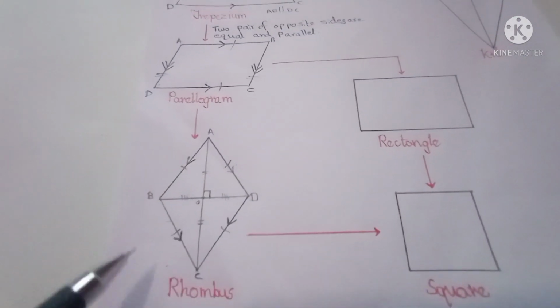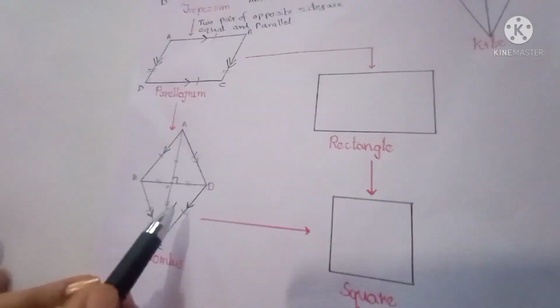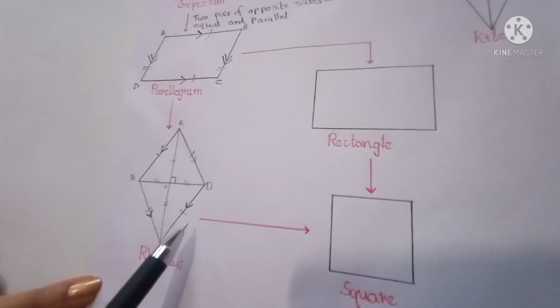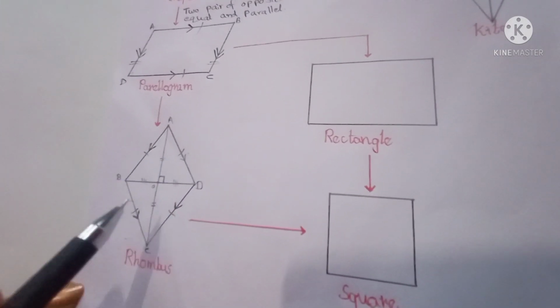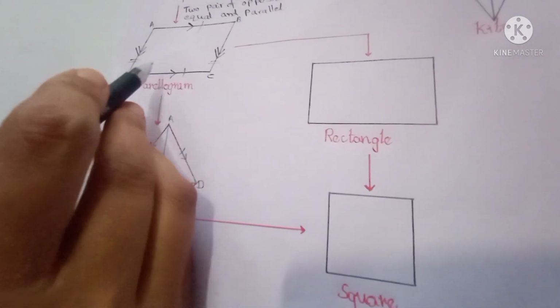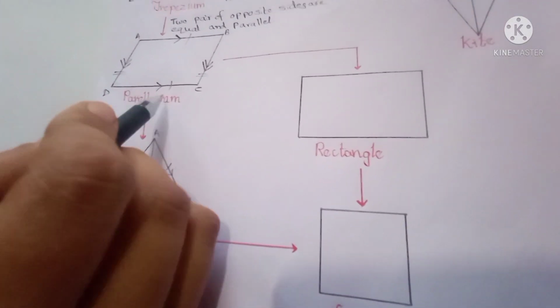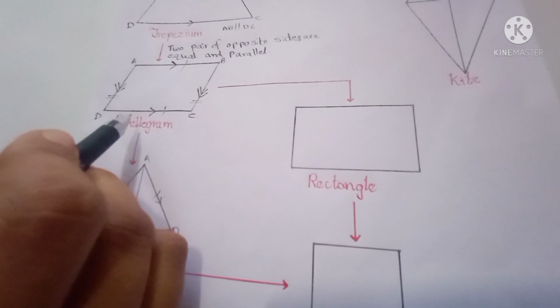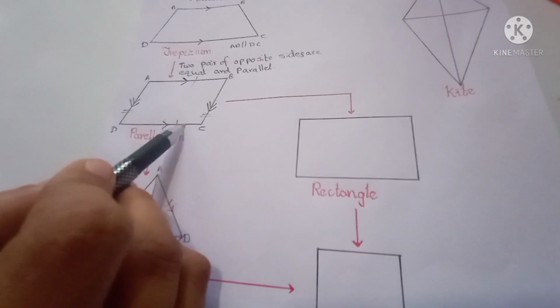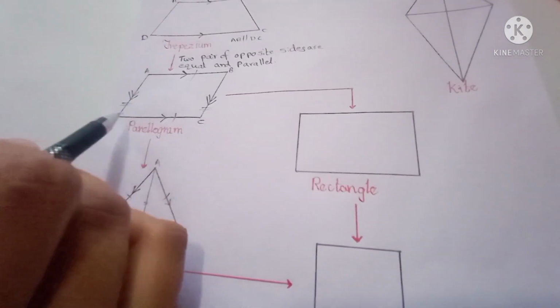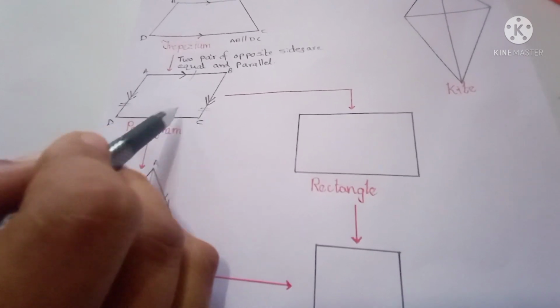This is a rhombus. In a rhombus, all sides are equal. Means if in a parallelogram, adjacent sides, adjacent BC, DC are adjacent sides.